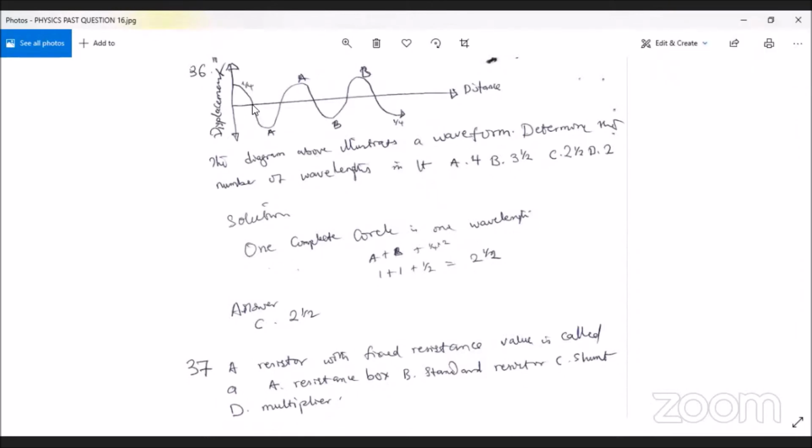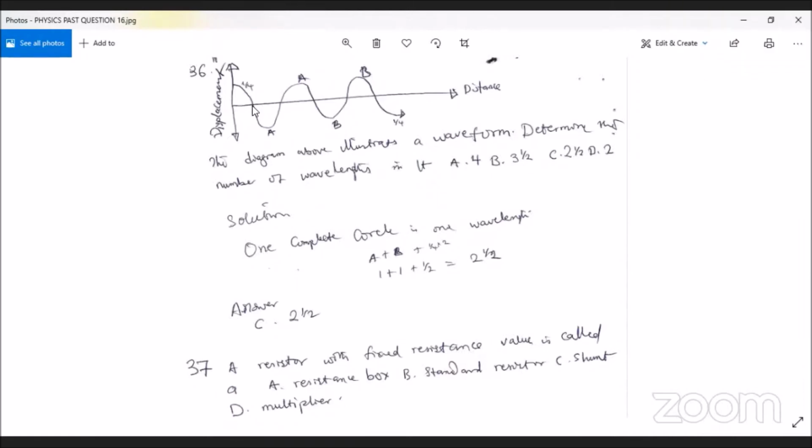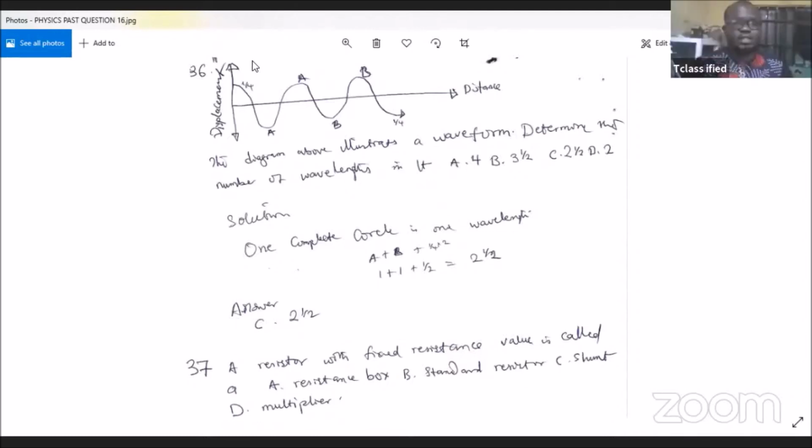So one complete cycle equals one wavelength. Sorry, please, what is the difference between the quarter and the half? This quarter looks like the half. Okay, actually, this is quarter. Half is one full curve like this. Can you see this point? This is half.